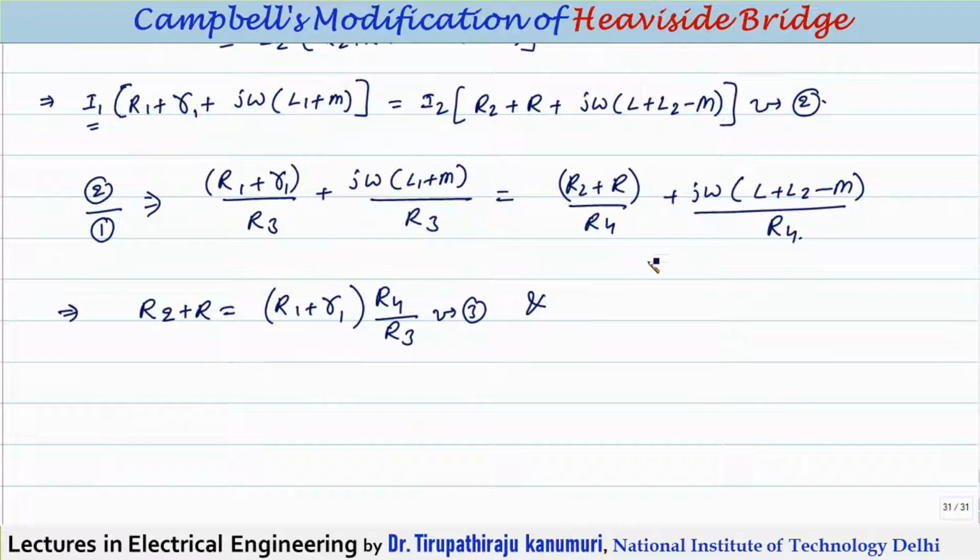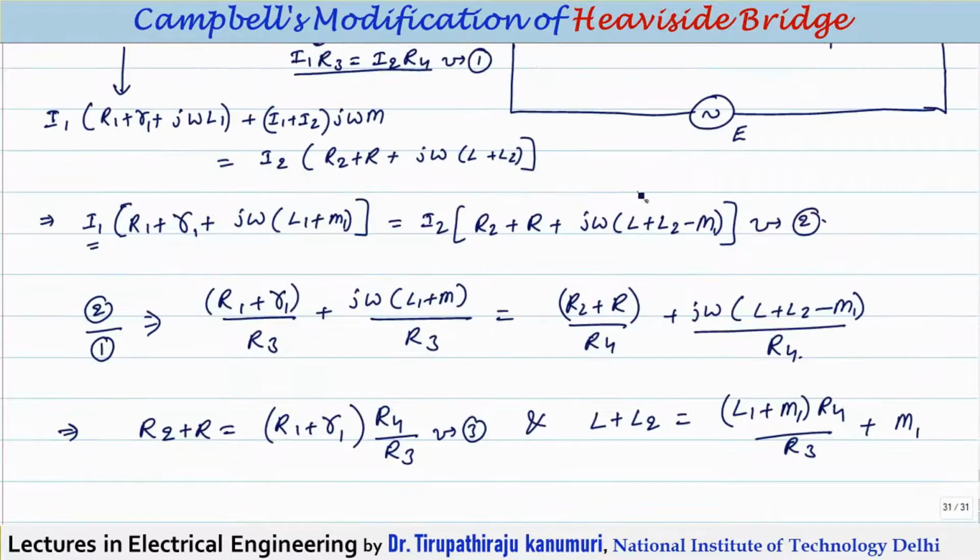And from the second one, comparing the imaginary terms, we can calculate L plus L2. So L plus L2 will be L1 plus M times R4 by R3 plus M. Because under the balance condition we told this M is equal to M1, so I am modifying this to M1.